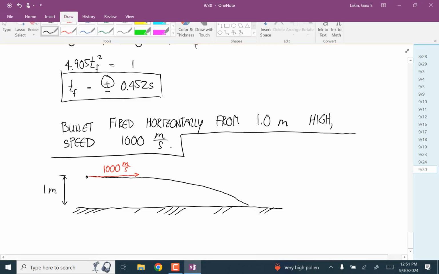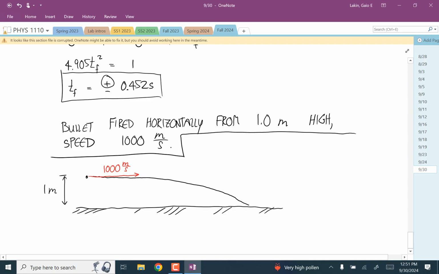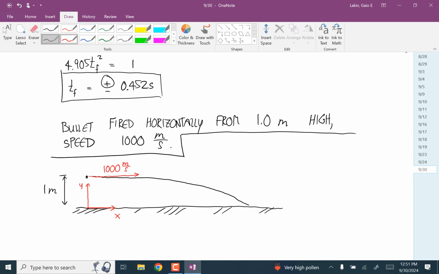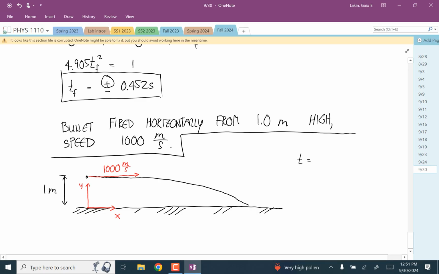Okay, so the first thing we have to do is choose a coordinate system. This is a 2D problem now. So coordinate system, I'm going to put it like this. Pretty much always my approach. And then again, time equals 0 is going to be when it's fired, and time final is going to be when it reaches ground level.